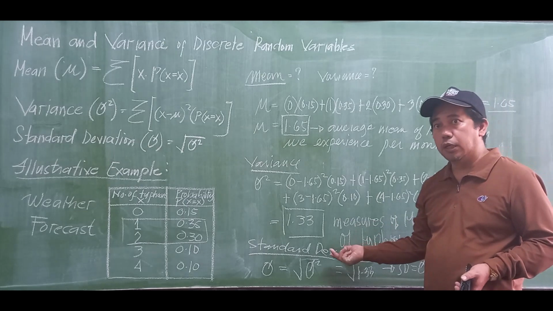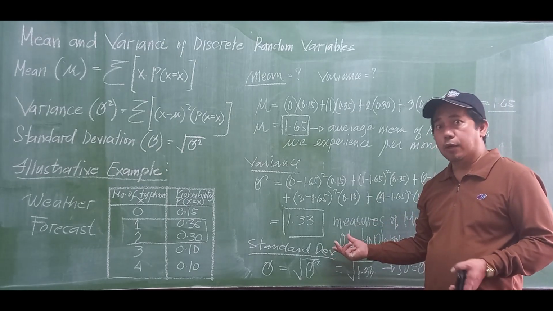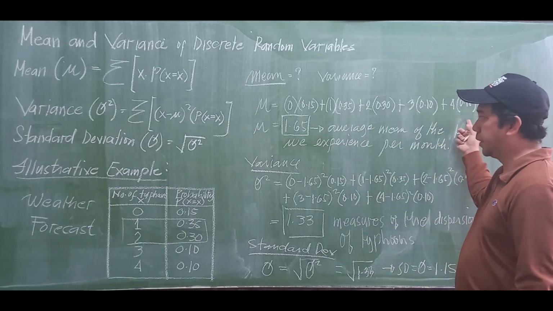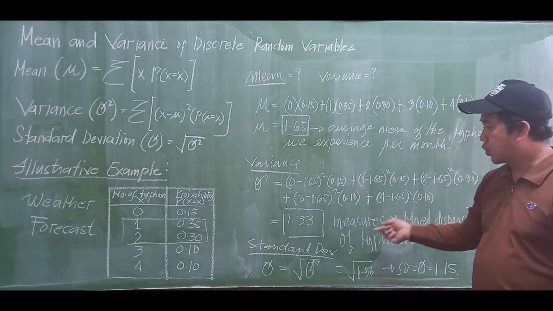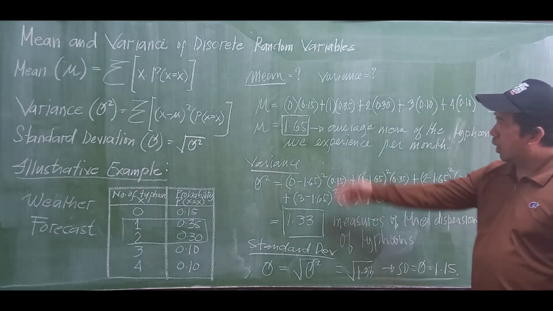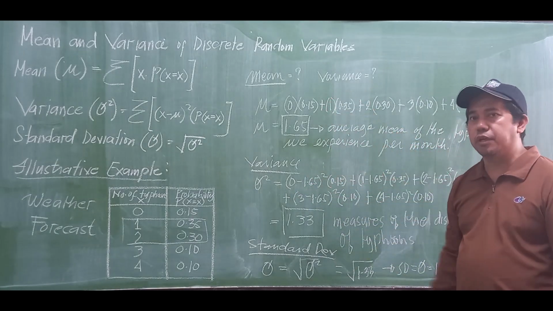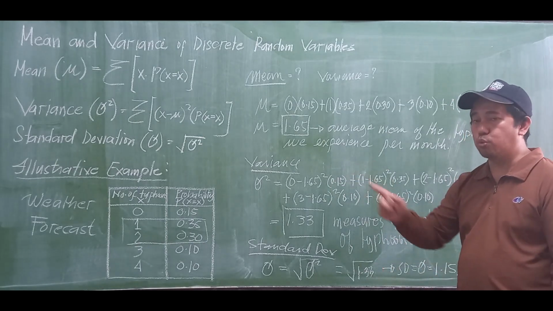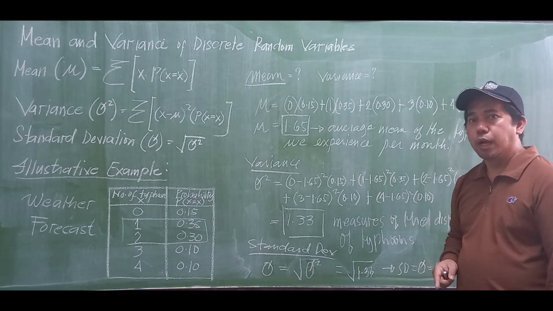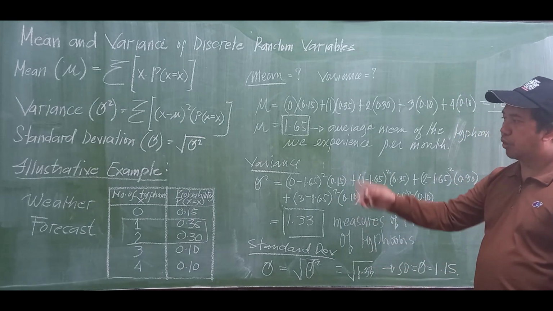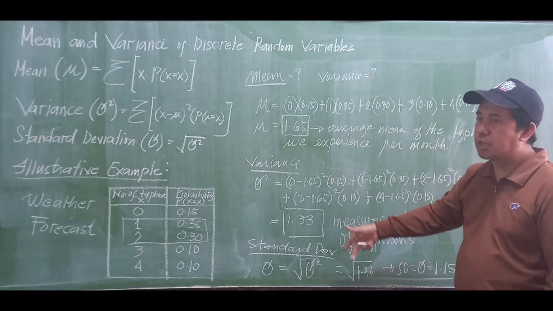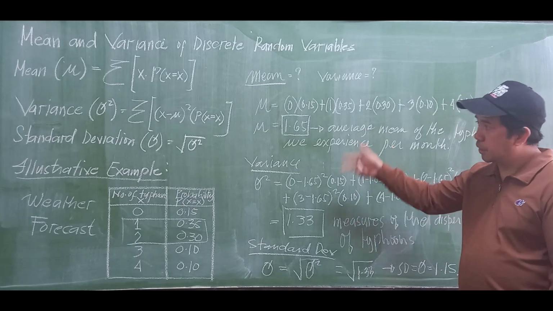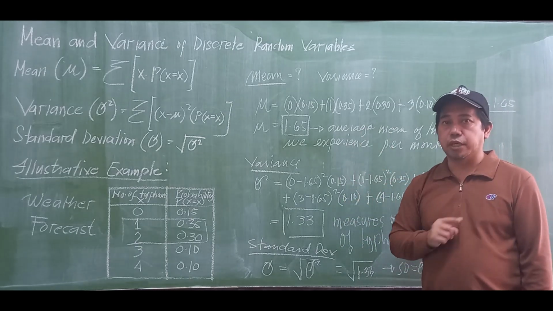It's very complicated when you look at it. Why? Because it is in a horizontal manner. So one way to compute these things, variance, mean, and standard deviation, is of course making use of the table. And that is what we are going to look into: how we are going to present our data and then compute these things using a table. Because as I said, it's better to compute these things guided by the table.